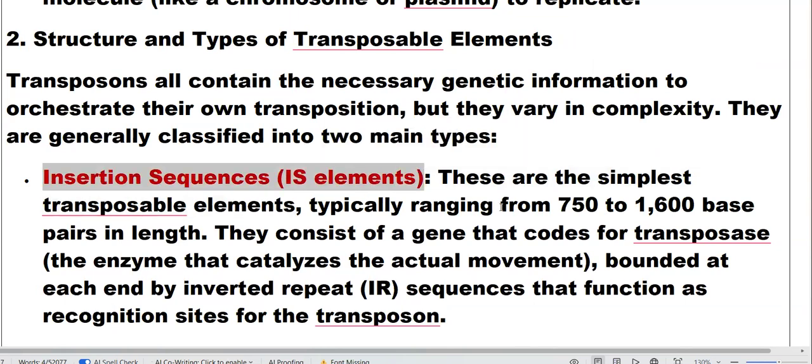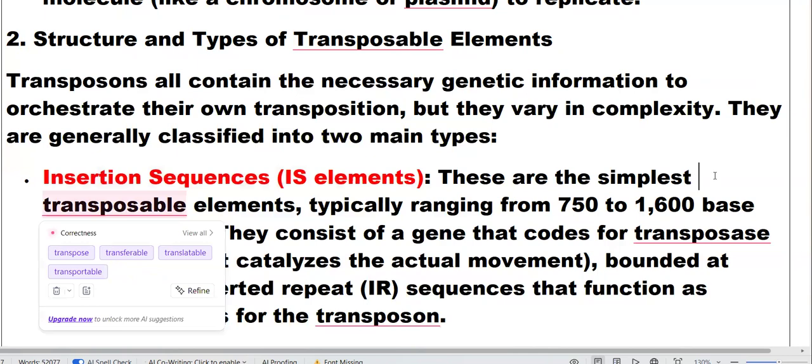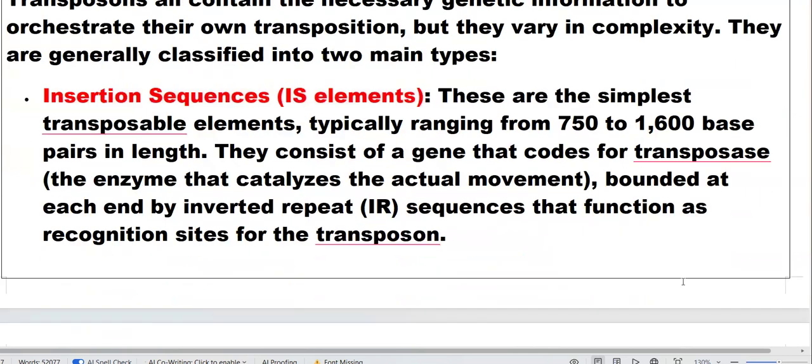These are the simplest transposable elements, typically ranging from 750 to 1600 base pairs in length. They consist of a gene that codes for transposase, the enzyme that catalyzes the actual movement, bounded at each end by inverted repeated sequences that function as recognition sites for the transposase.